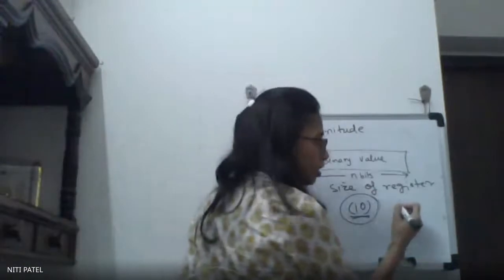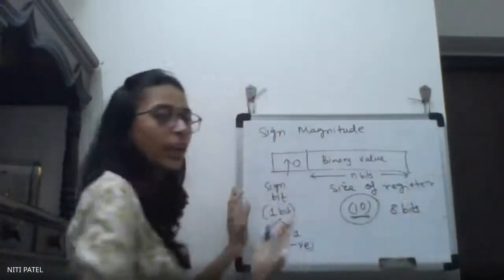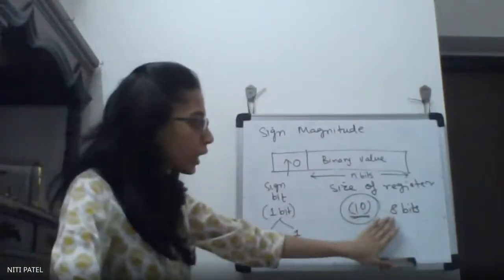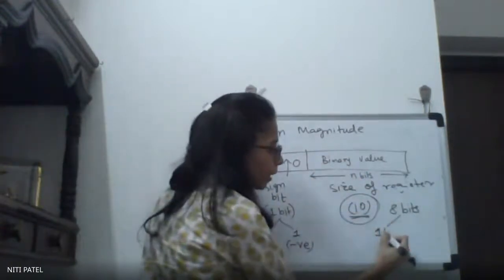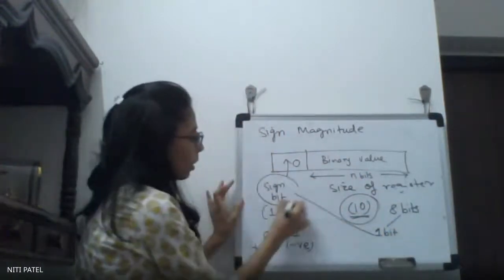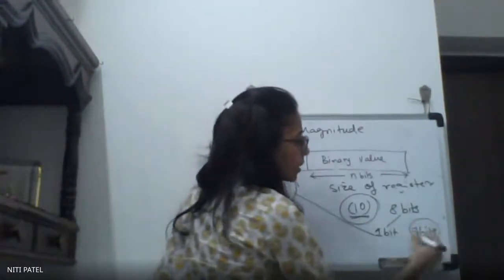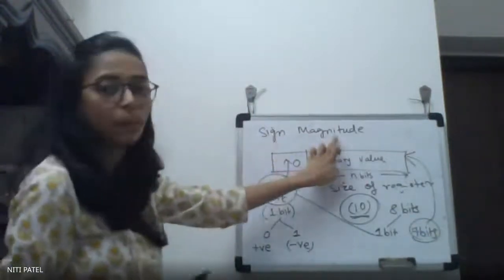The size of any register of any CPU has to be a minimum of 8 bits or greater. It cannot be less than 8 bits. So from this 8 bits, we are reserving 1 bit for the sign magnitude, and the remaining 7 bits we are representing in the form of binary. That is what is called sign magnitude.